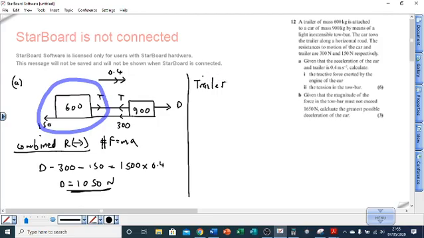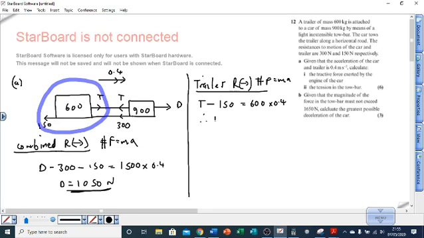Trailer. And I'm resolving for the trailer, to the right is positive, and I'm using net forces equals mass times acceleration. Looking at the trailer, the only thing that's pulling the trailer is the tension. Resisting it is 150, and that is equal to its mass, which is 600, times its acceleration, 0.4.